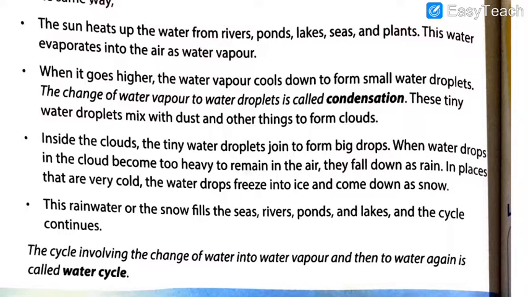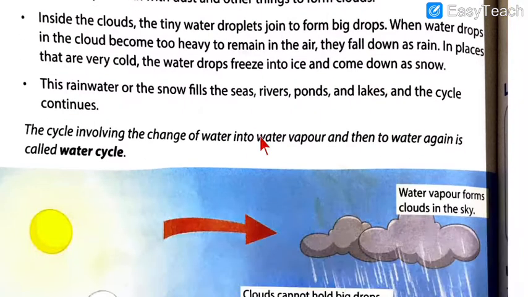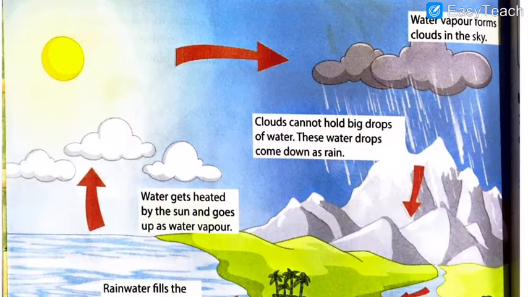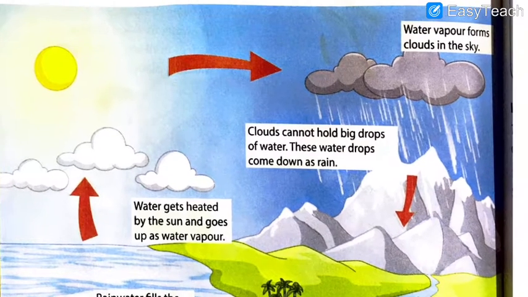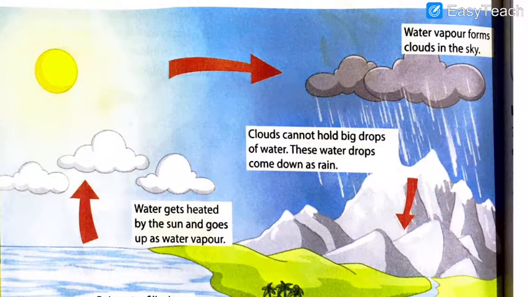Obviously, only very light things can remain in the air. See, even if you throw a feather from your balcony or from the terrace, the feather will be able to remain in the air only if there is a heavy wind. Otherwise, slowly, gradually it will fall down. So this is what even happens with the water droplets.